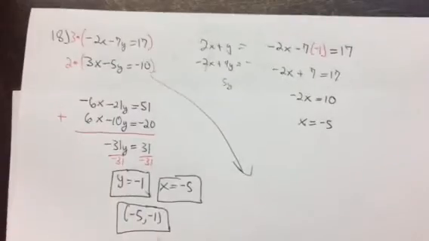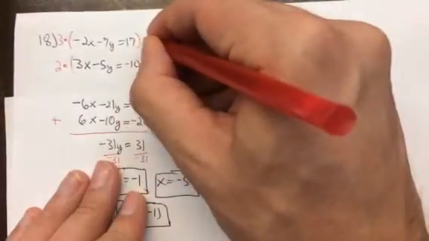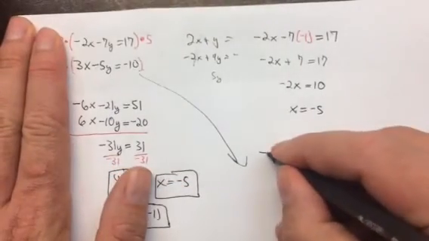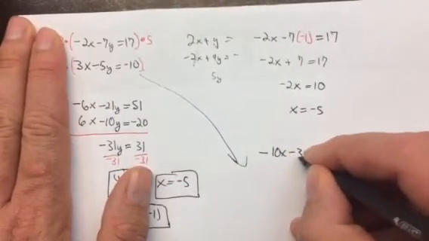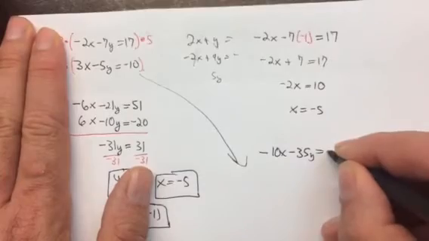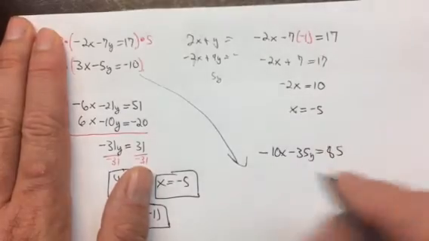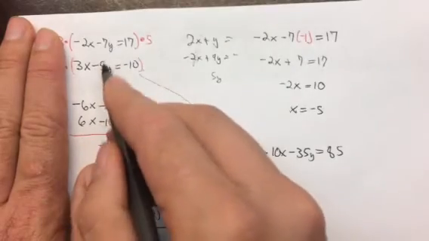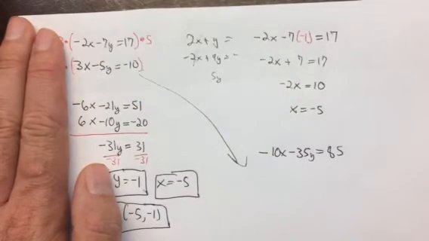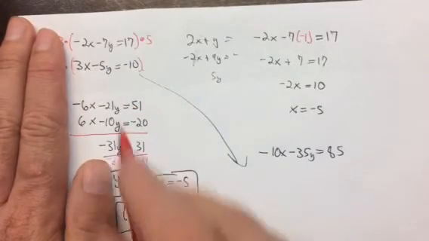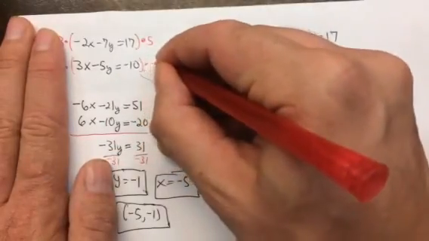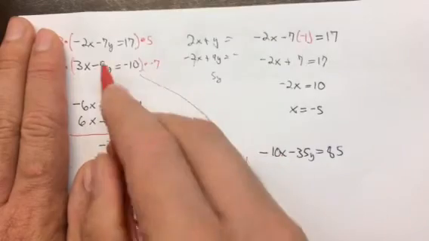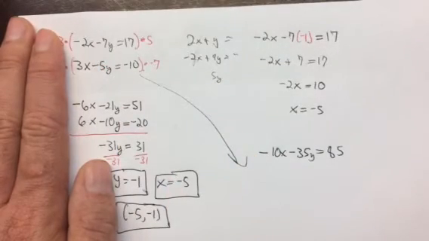And so what I would have done here is I would have multiplied the top equation by 5, and I would have gotten negative 10x minus 35y equals 85. But the bottom equation I wouldn't just multiply by 7, because both of the two equations would have a negative 35y. And so I would multiply this one by negative 7. That way I would have positive 35y, and it would cancel out with negative 35y.